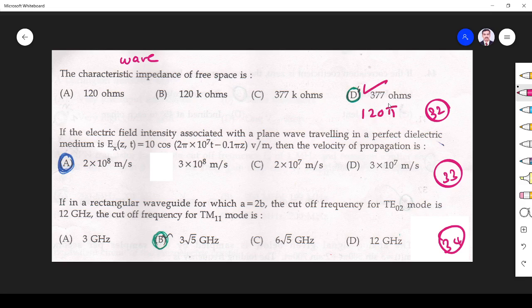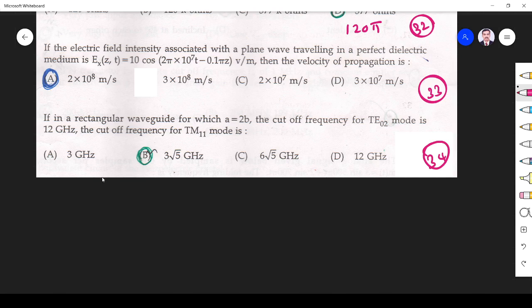Next, the electric field intensity associated with a plane wave is given by E equal to 10 cos (2 pi into 10 power 7 t minus 0.1 pi z). What is the velocity of propagation? That is what the question is about. How can we find the velocity of propagation?